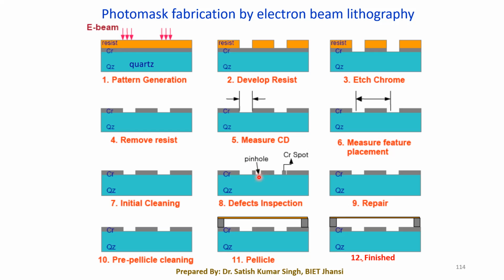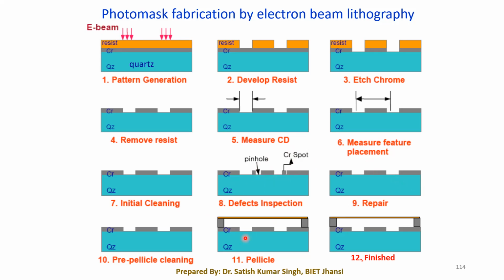In the case of chromium spots, we have to selectively remove these portions. Once this repairing of our mask is done, the next step is the preparation of the pellicle film. You have to stretch the pellicle film over your chromium layer.